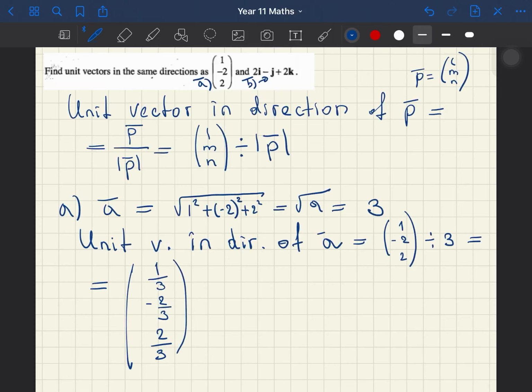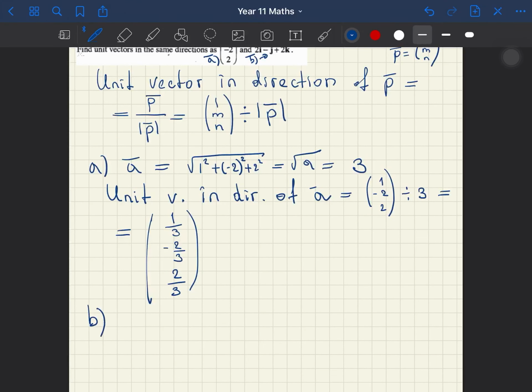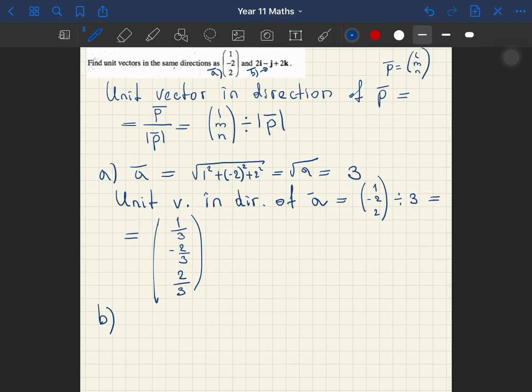The second one is almost the same thing, but now we write it differently. So B, and this is, by the way, the absolute value, the magnitude. The magnitude of B equals the square root of 2 squared plus negative 1 squared plus 2 squared. Basically almost the same, it equals the square root of 9, which equals 3, right?